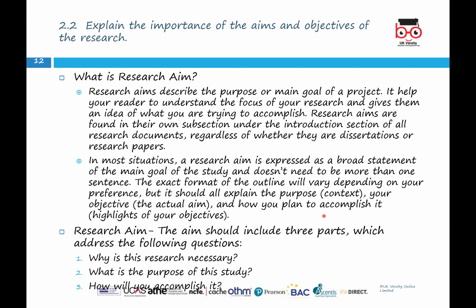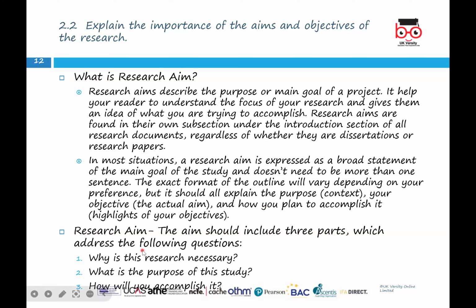It should be explicit. The exact format of the outline will vary depending upon your preference, but it should explain your purpose, your objective, and how you plan to accomplish this project or this aim.